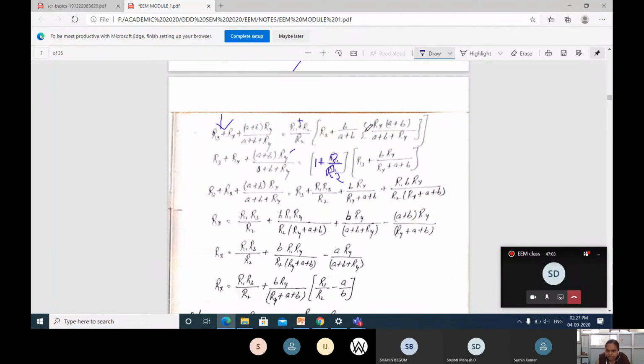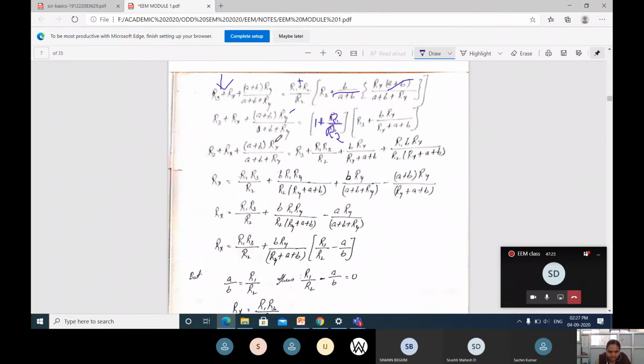Then this part, observe here. Here A plus B is there. Here A plus B is there. These two get cancelled. Then I will be left with B Ry divided by Ry A plus B. You can write randomly, no problem. Okay, Ry plus A plus B. Next, this as it is. Here we have to multiply each parameter.